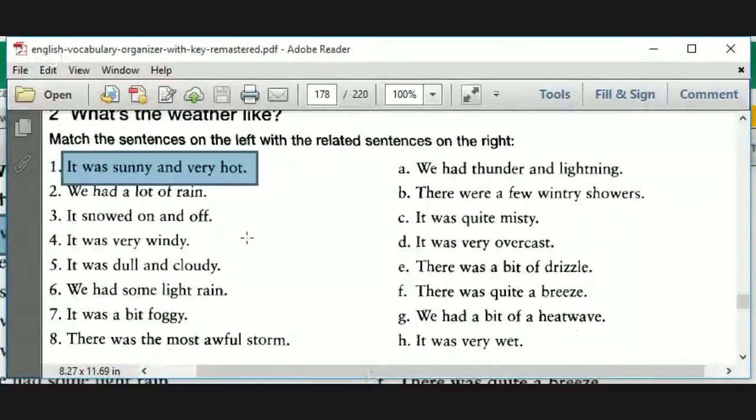It was sunny and very hot. Very hot. Sunny. It's a beautiful day.